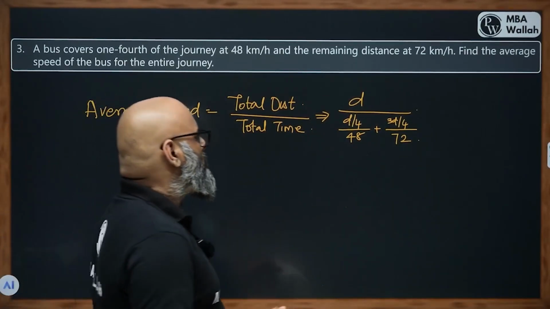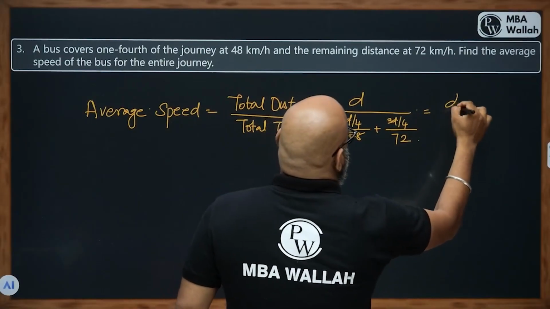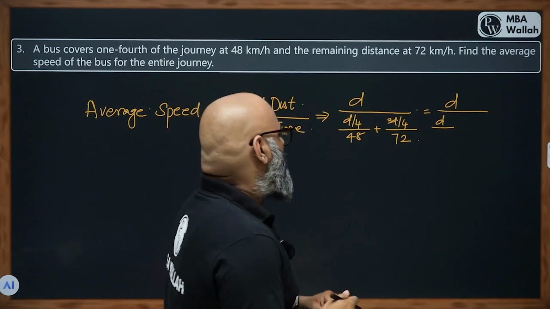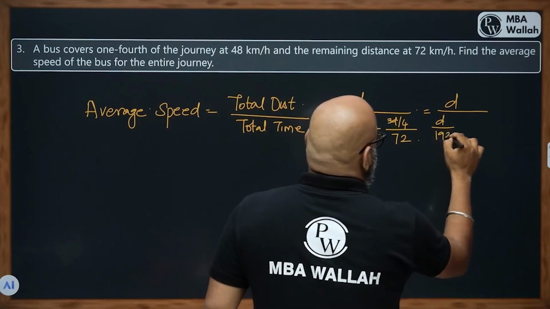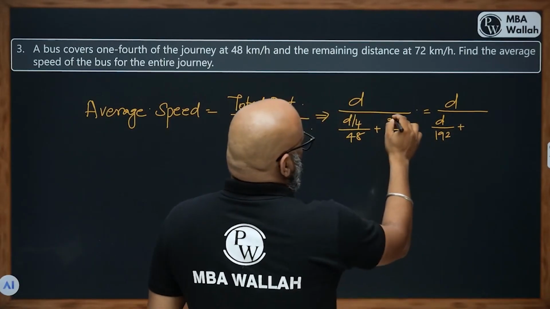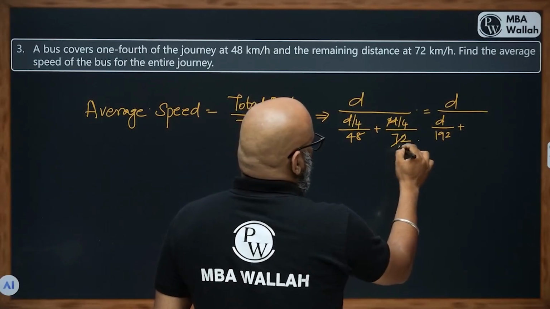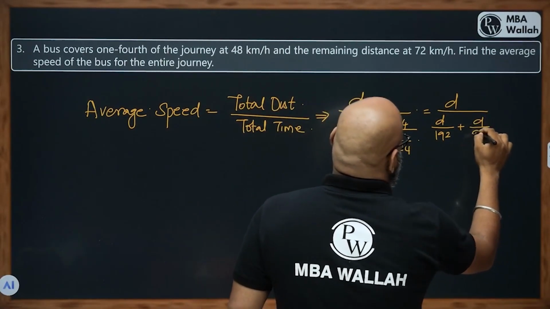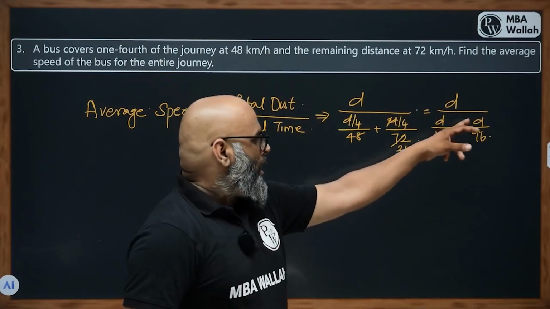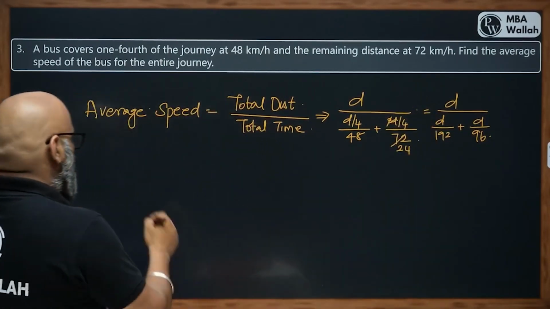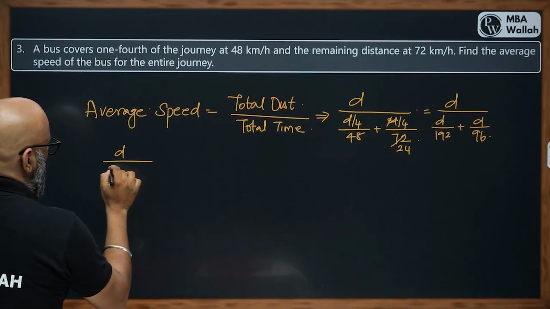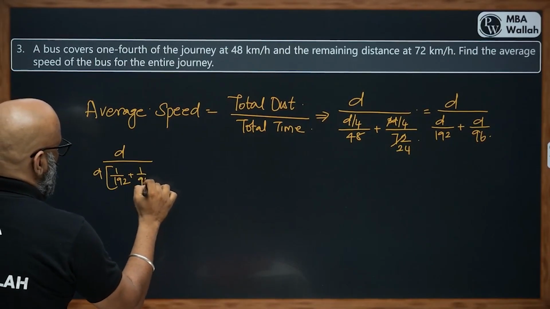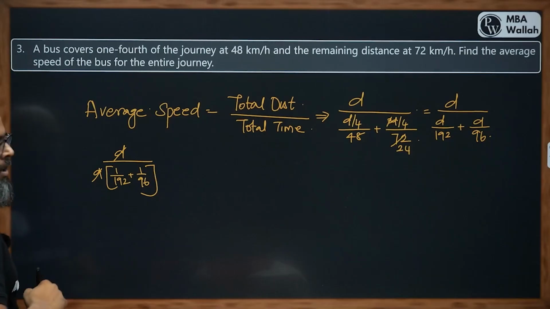So let's solve for this. This will become d divided by 4 into 48, which is 192, plus 3 gets cancelled with 24 times, 24 into 4 will be 96, d by 96. I can take out this d common and cancel it over here. That will be d divided by d into 1 by 192 plus 1 by 96. D gets cancelled.